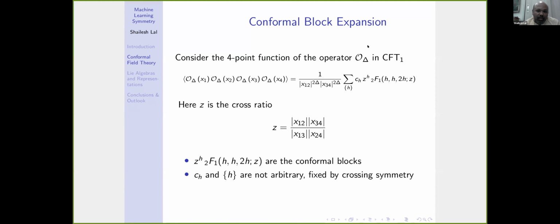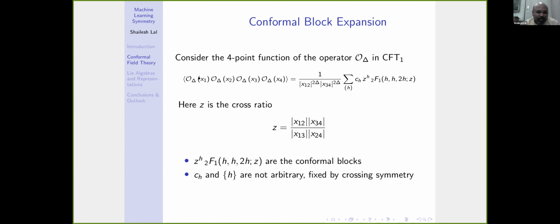Now turning to conformal symmetry, what we'd like to do is essentially the same exercise, but instead of for Fourier expansions, we'd like to do it for conformal field theories. The simplest possible thing that we could do is to consider a one-dimensional conformal field theory where the 4-point function looks like this.